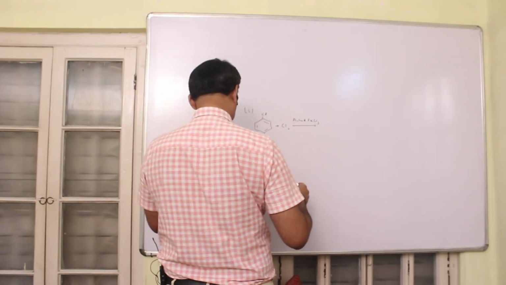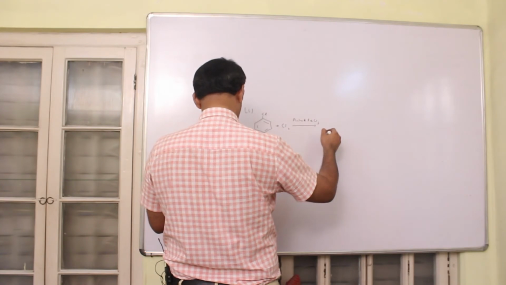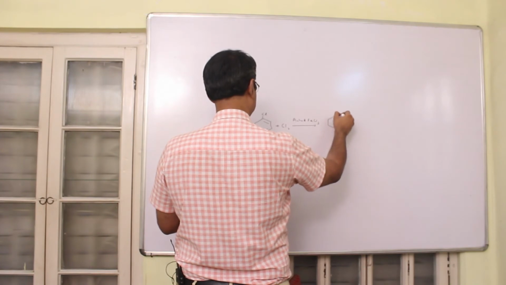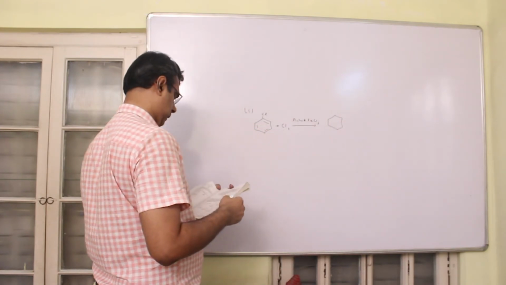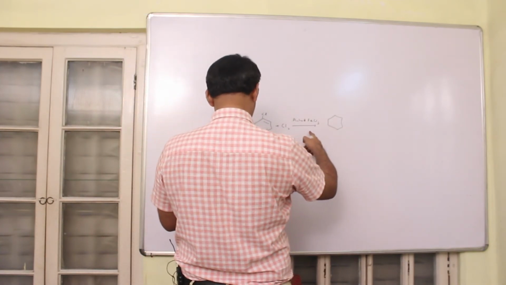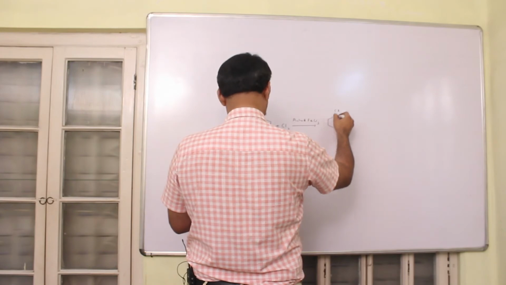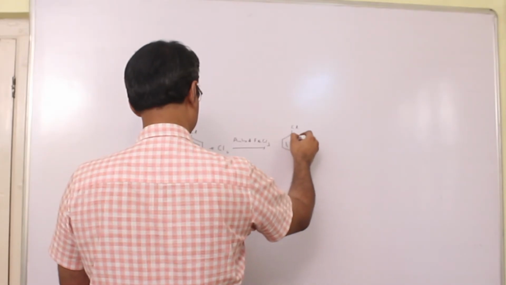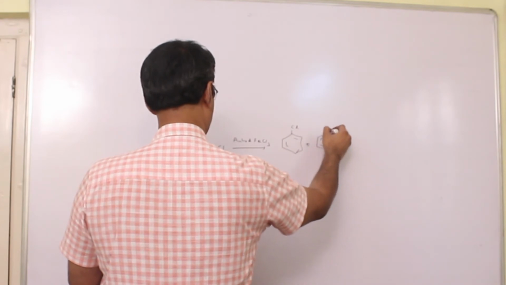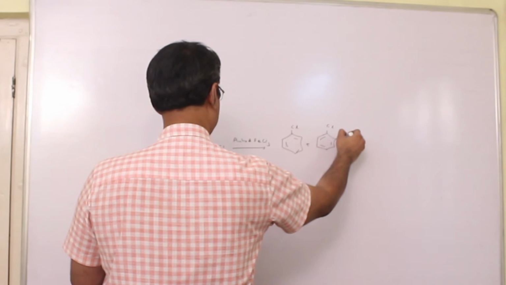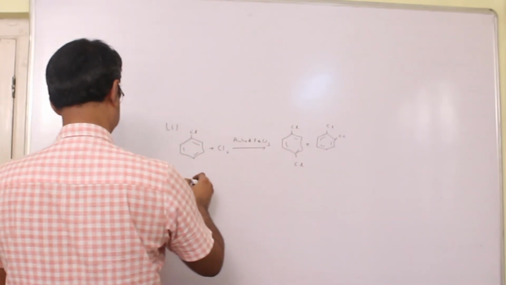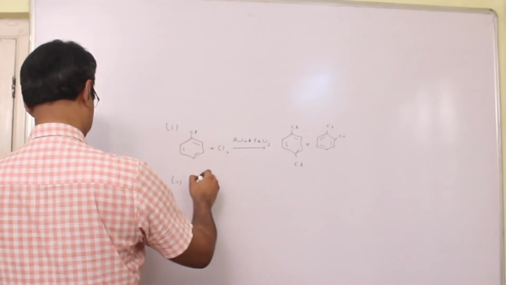So what happens is that if you want to halogenate the ring, it has to be done in presence of anhydrous FeCl3. And as expected, you will get the ortho and para product. This is halogenation of the ring.